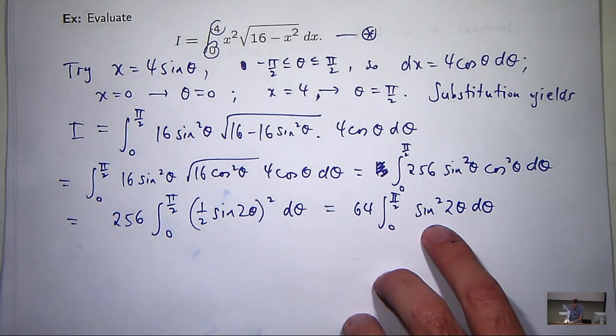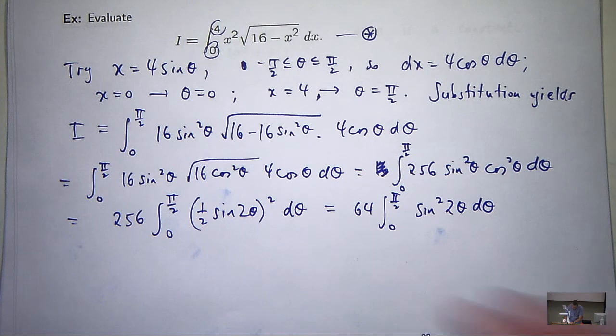Anything I can do with this sine squared 2 theta? Does someone say double angle formula? Yes. We're going to do a double angle formula involving 2 theta. So the 2 theta is going to go to something involving 4 theta.